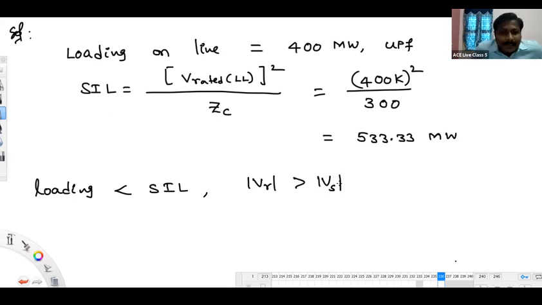As and when loading is less compared to SIL, the load impedance will be greater compared to the surge impedance. Means we have to increase the surge impedance value.